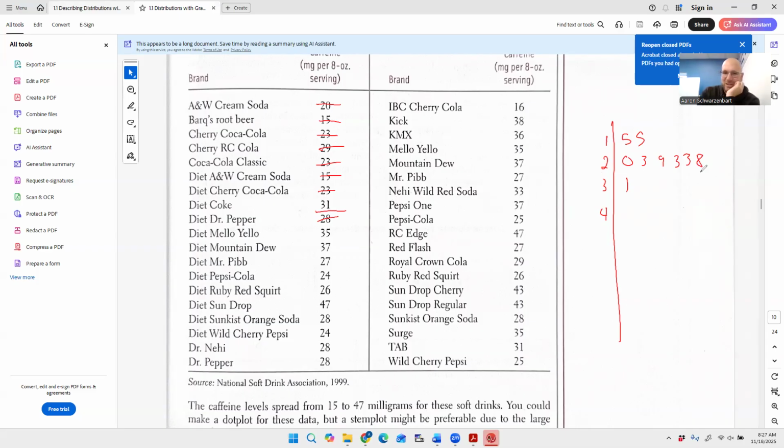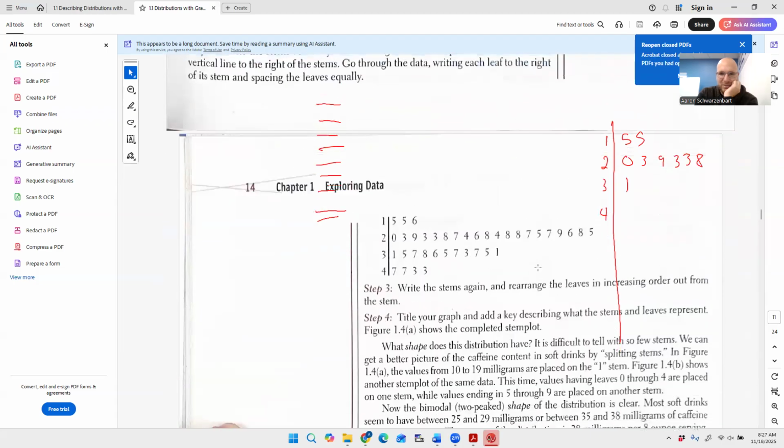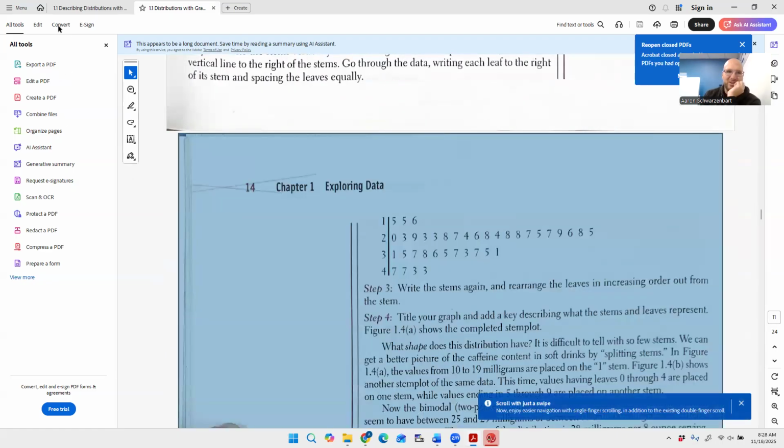A stem and leaf plot is good for showing us shape. Okay. I'm going to skip ahead to where the book has them made. So here's the stem and leaf plot. This is not proper. A proper stem and leaf plot should have this row listed numerically, all of these rows listed numerically.